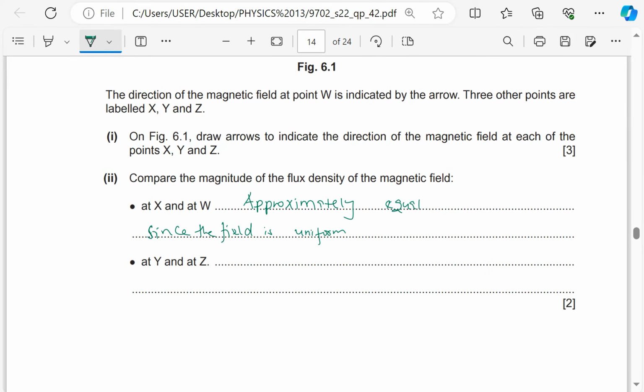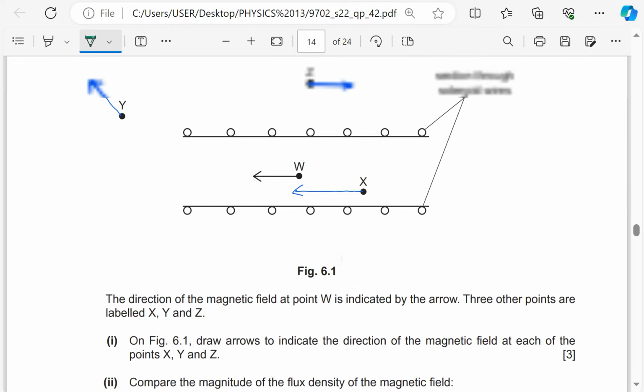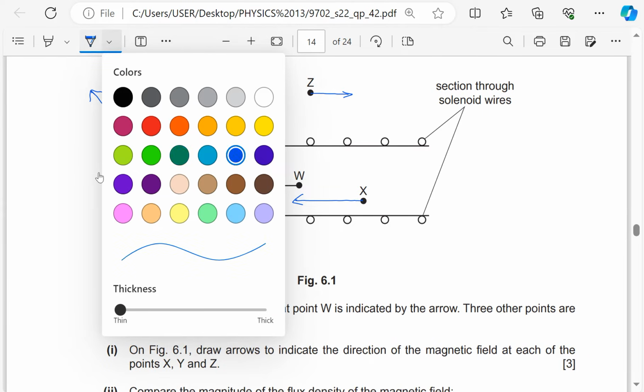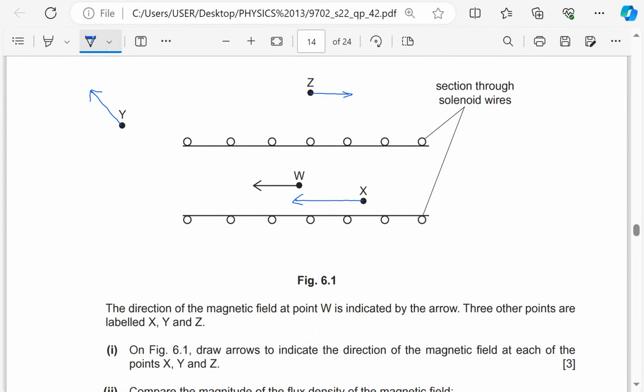So the flux density is greater at Y than at Z. I repeat myself, because the coil behaves as if it is a magnet, and for a magnet, the magnetic field strength is stronger closest to the poles.